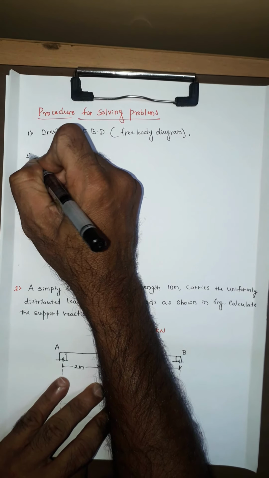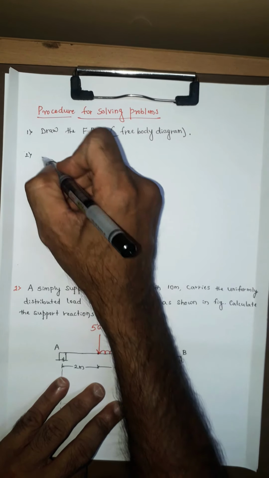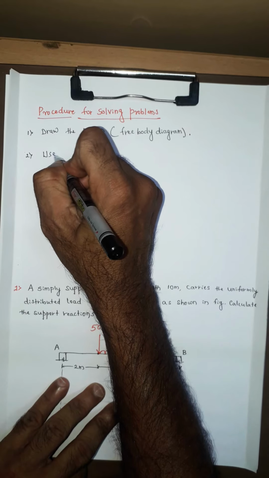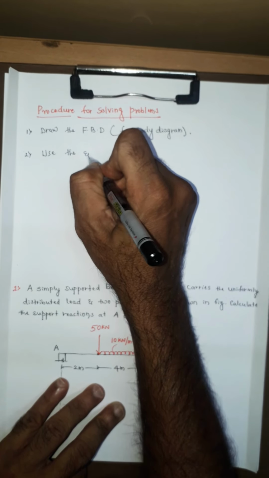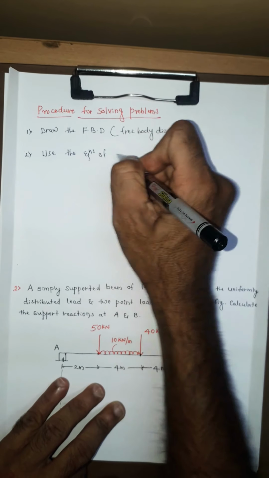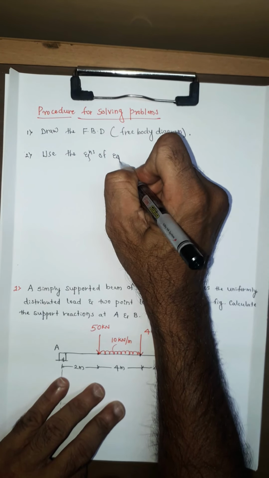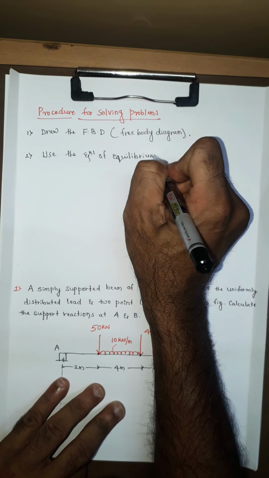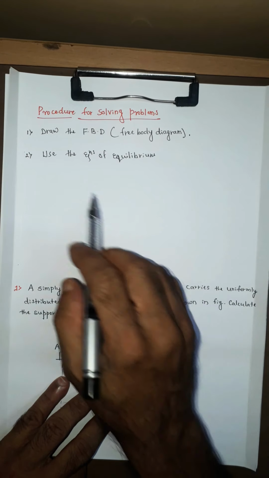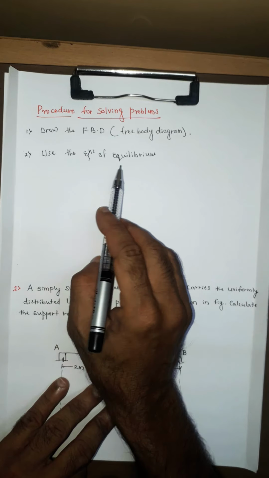The second important step, after drawing the free body diagram, is that we're going to use the equations of equilibrium. Okay, second step is after drawing the free body diagram, we're going to use the equations of equilibrium.